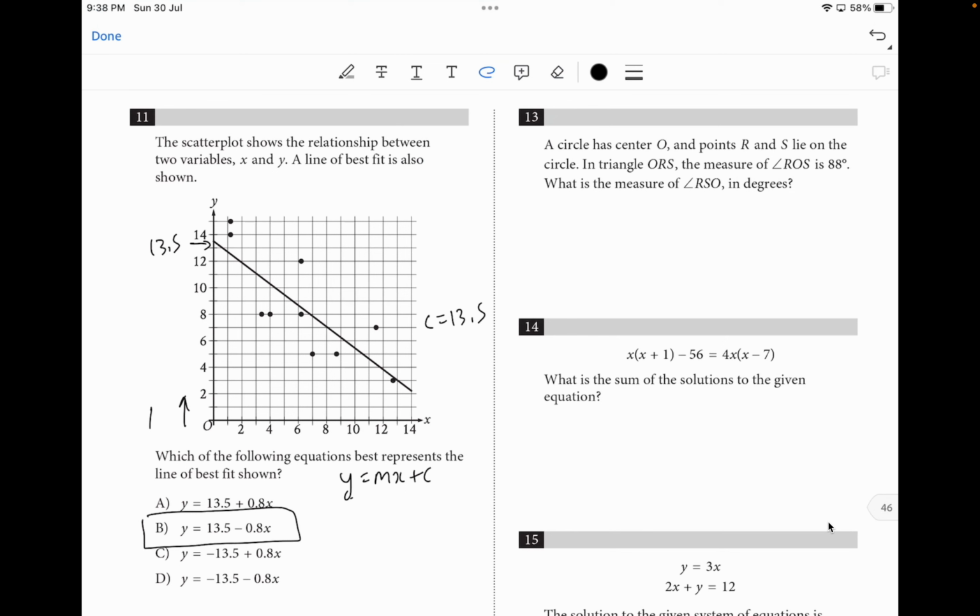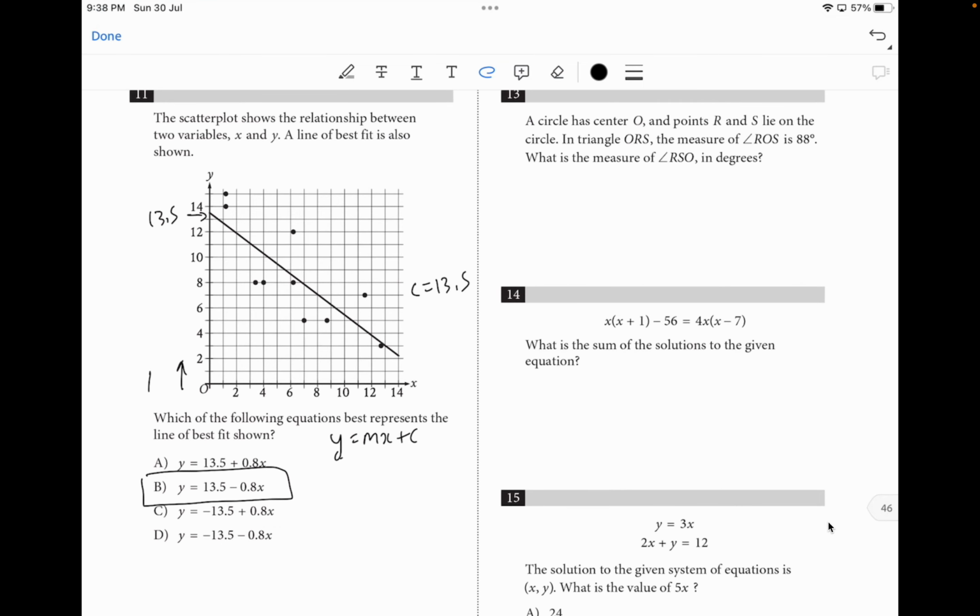This is without even using the points, without even finding out the gradient from the graph. We're just observing the graph. We're seeing the trend in the line. Since the line has a negative slope, the gradient is negative and the line is a downward line. So that's how we recognize that it's a negative slope. So choice B is going to be the correct answer for question number 11.